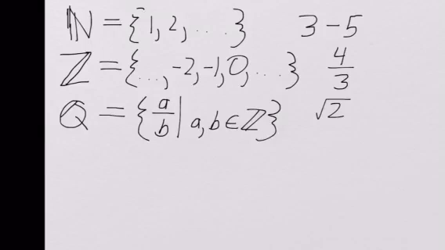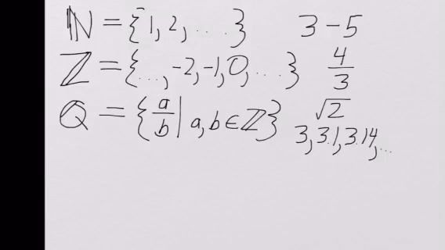And the other thing that we can't do is get the sequence 3, 3.1, 3.14, etc. to converge, because it converges to a number that's not rational.